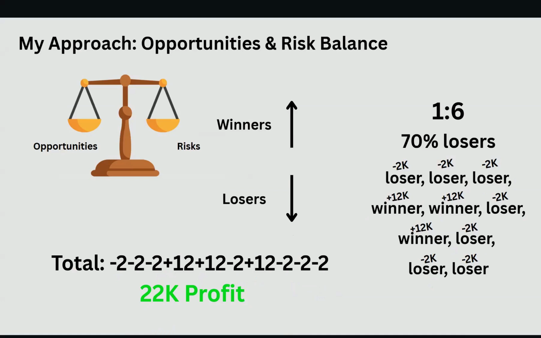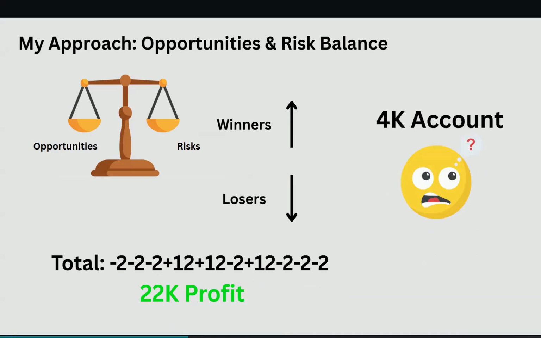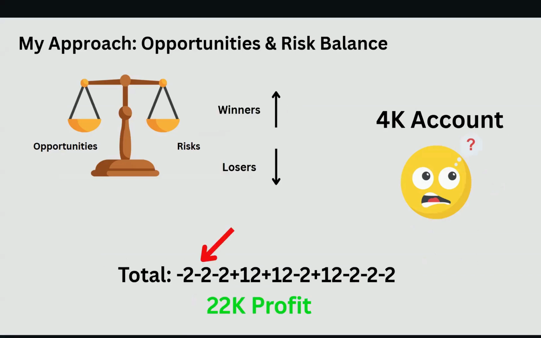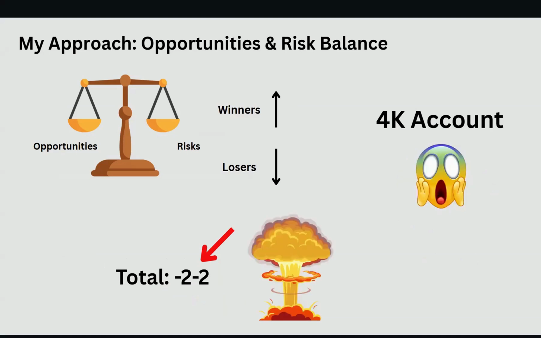Again, same, $22K in profit. I just replaced the winners and the losers. But if your account size is only 4K, your account will get blown here. You will not make 22K profit. Your account will get blown beforehand.